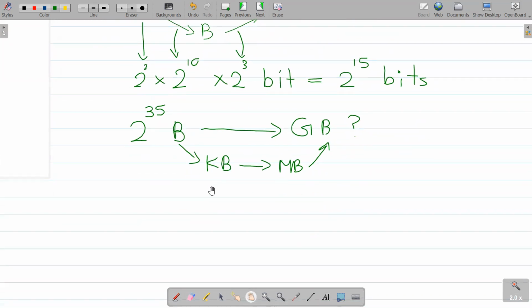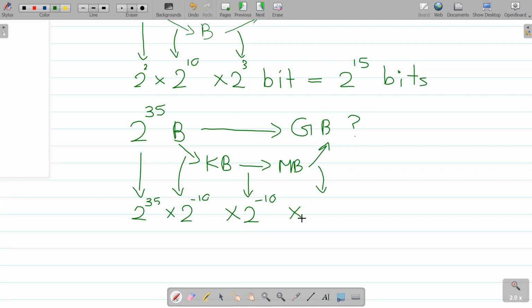So you can take 2 to the power 35 as it is. From byte to kilobyte, you need 2 to the power minus 10. Now it's going the other way around. For this, you need another 2 to the power minus 10. And for this, you need another 2 to the power minus 10. This is in GB.